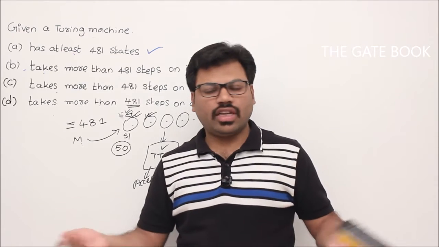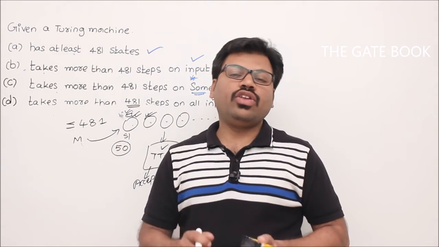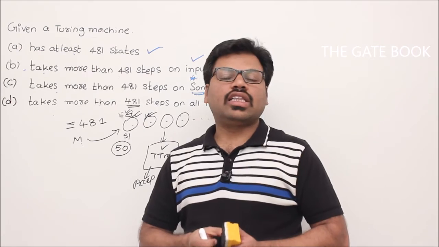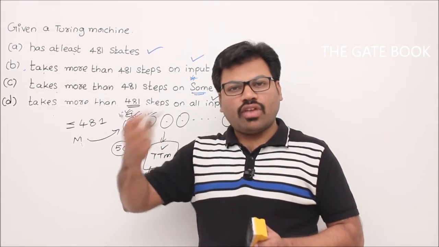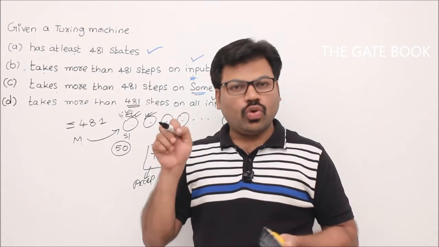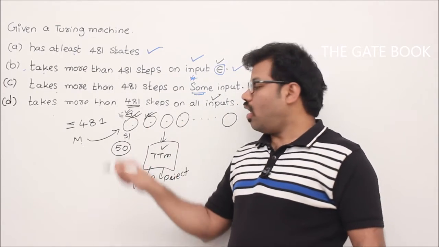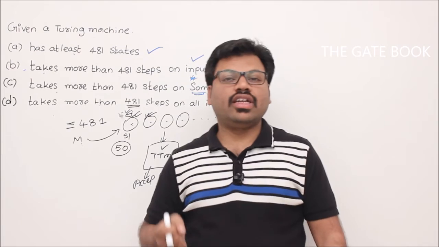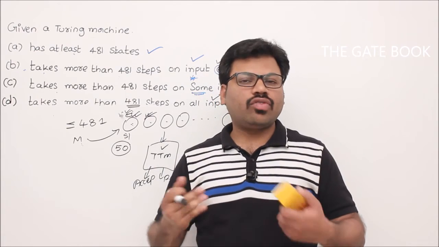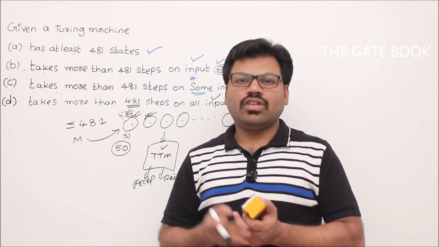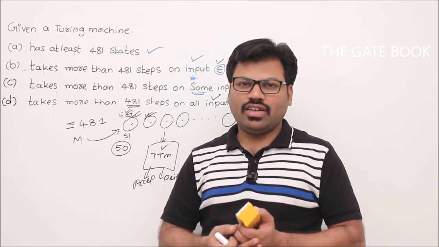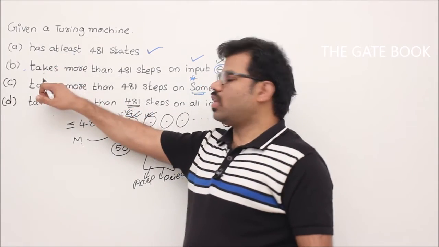Here also there is no loop, correct? Only when you process infinite strings, or on a particular input you run forever, is there a chance of looping. But here there is no looping, because the strings are limited, and on each string we are going to take the decision after 481 steps. After 481 steps you don't really require to run your Turing machine. So that's why all these problems are decidable.